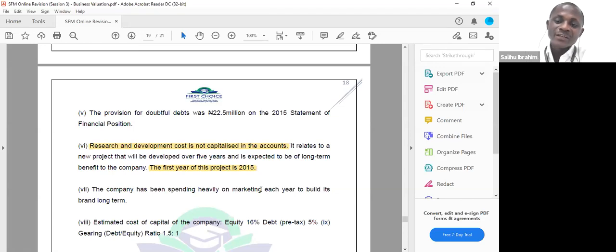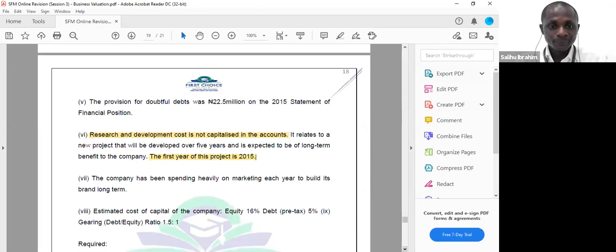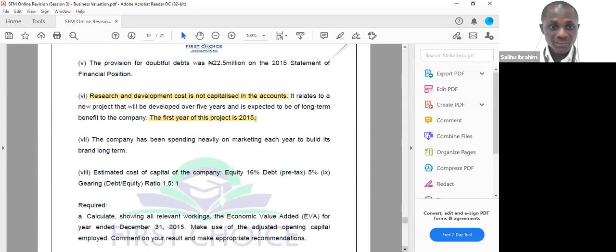The first year of capitalization is 2015. Let us continue. The company has been spending heavily on marketing each year to build its brand long term. I think we have a marketing expenditure in the question. It was expensed, so we need to add it back as well.